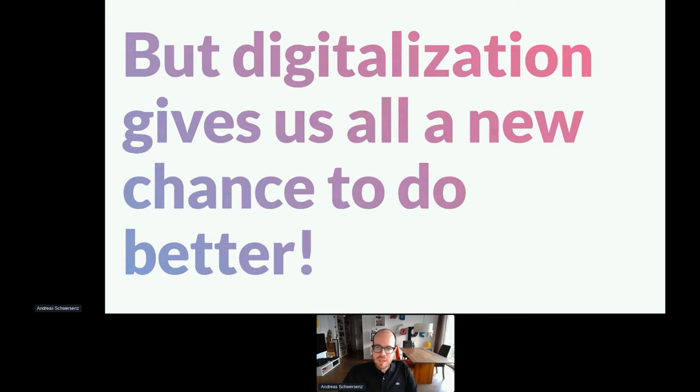But with the introduction of digitalization into that area, we now have this great opportunity to correct some of these mistakes. That doesn't mean that we can start from a blank sheet and do whatever we want. We still have to live within that existing ecosystem and play within that system. But we still have the chance to create something new and to correct mistakes we've made in the past.